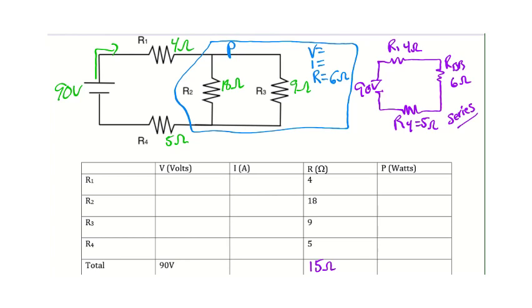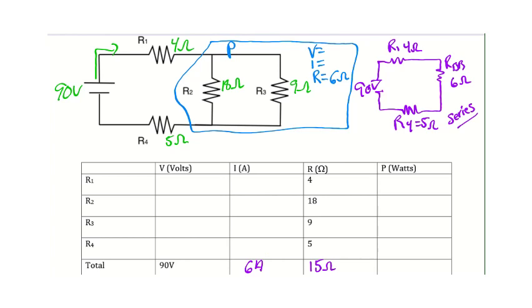So this circuit has 15 ohms of total resistance. Now that you have your total resistance, you can go ahead and use your calculator to find your total current. What you're going to do is take 90 volts, which is the total that's given, divided by the 15 ohms of total resistance, and you're going to get a total current then of 6 amps.